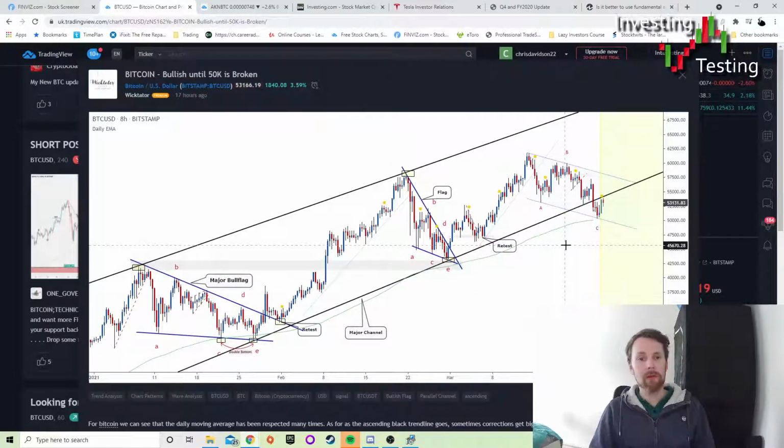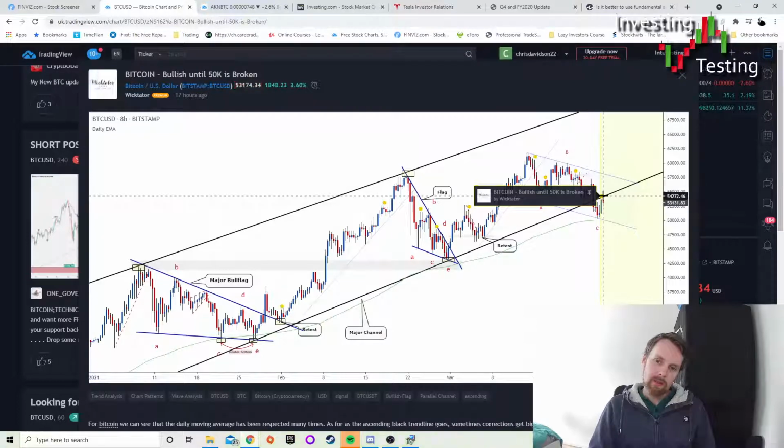Let's see how Bitcoin does in the future. But you can see through this technical analysis that this guy already thinks that the support line is being broken since he's probably made this chart. I guess this is when he made the chart, and you can see that it's coming back up again.